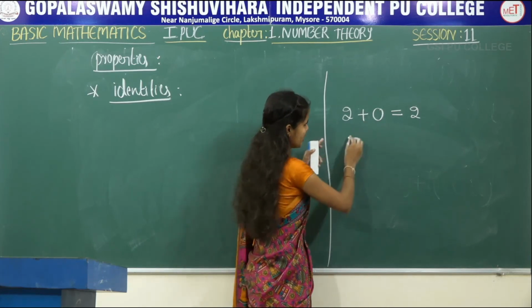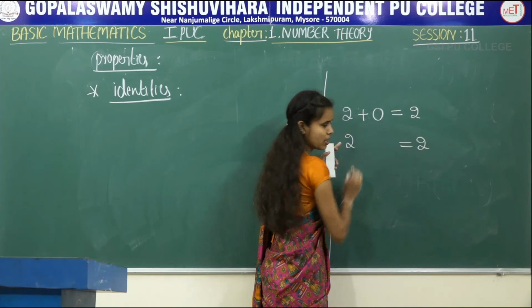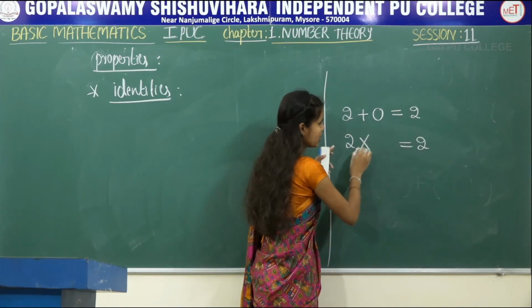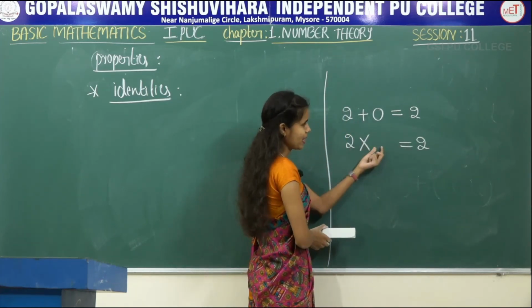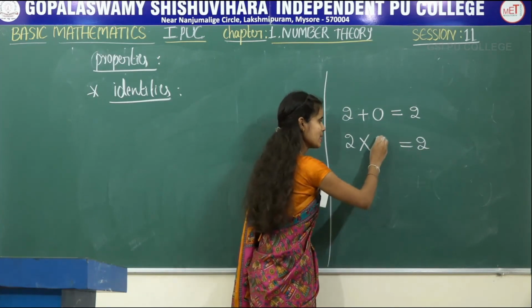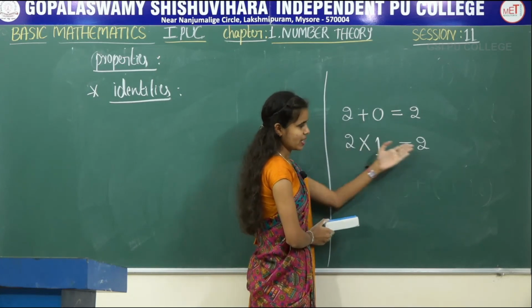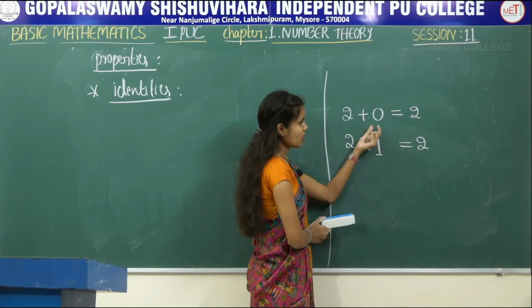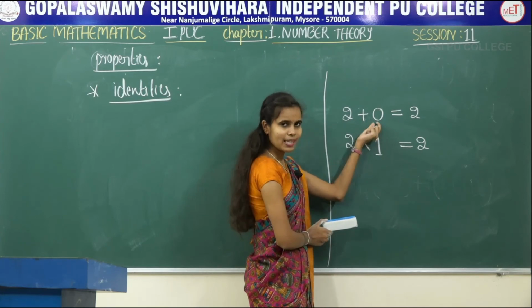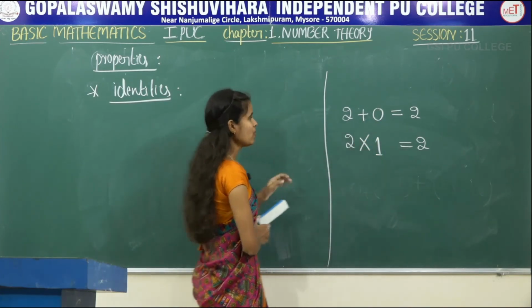Similarly, for identity we want the same number. To which number do we have to multiply to get the same number? The only possibility is 1. So 2 into 1 is 2. If you write 0 here, we get 0. Therefore, 0 is called the additive identity, and 1 is called the multiplicative identity.